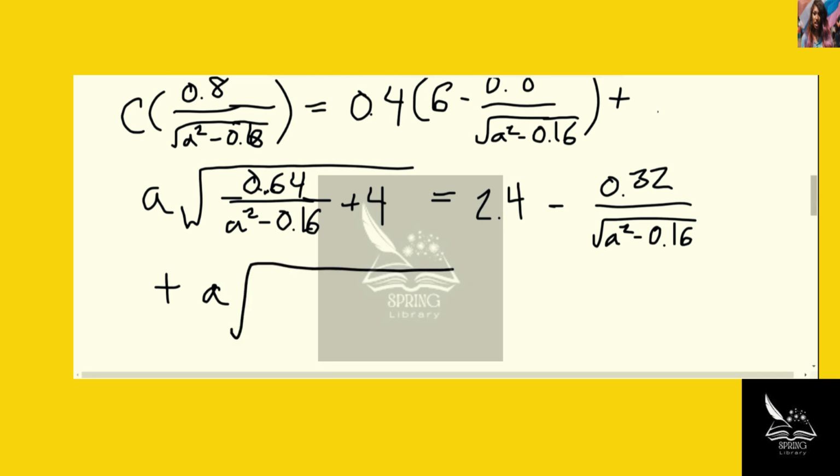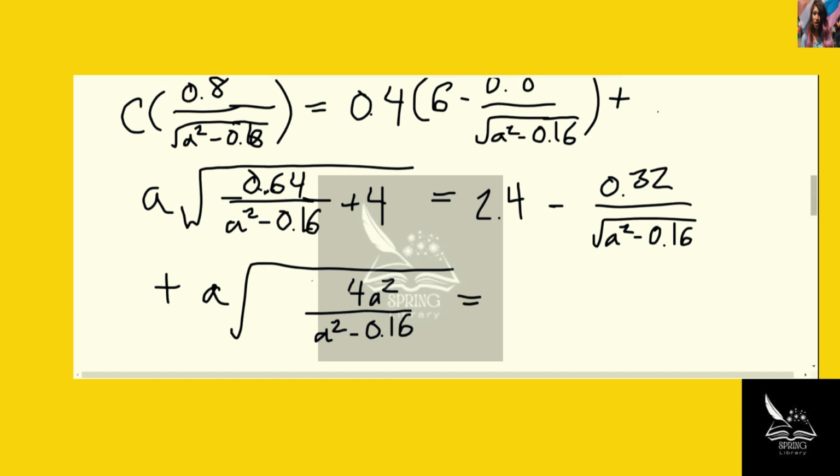Plus a times the square root of 0.64 plus 4 times a squared minus 4 times 0.16. This is minus 0.64. This is just 4 over a squared minus 0.16.